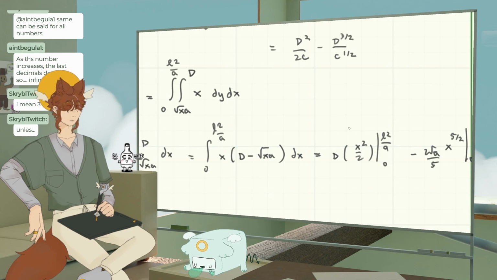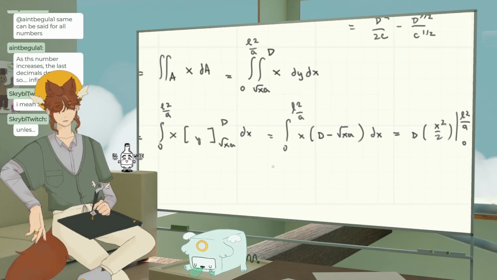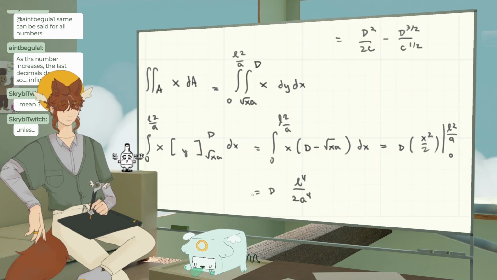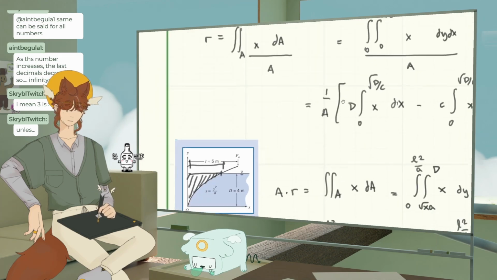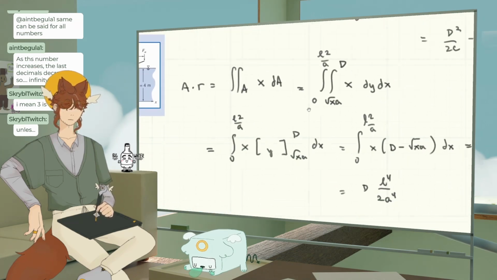Okay, I don't know, this seems kind of wrong, but let's finish evaluating it just for funsies. This would be what? L to the 4th over 2a to the 4th? What is a? Oh, it's just a constant, okay.